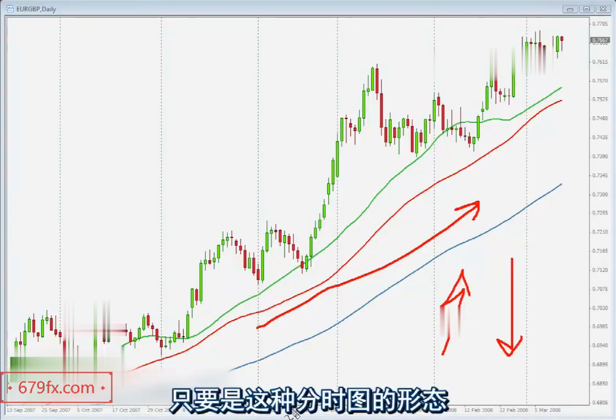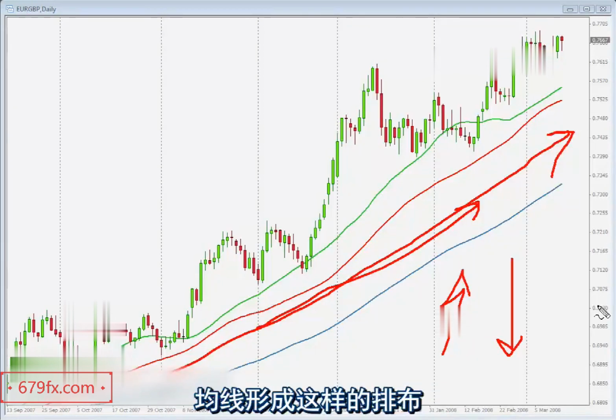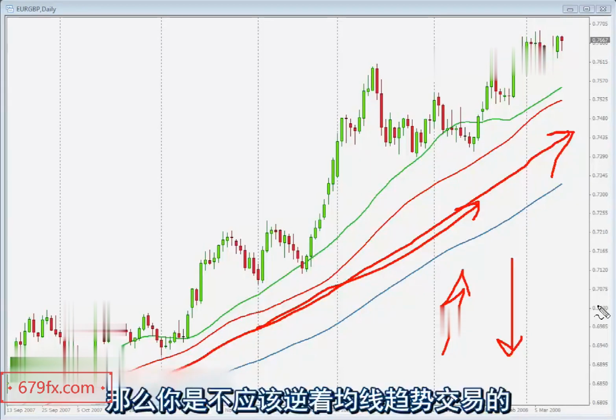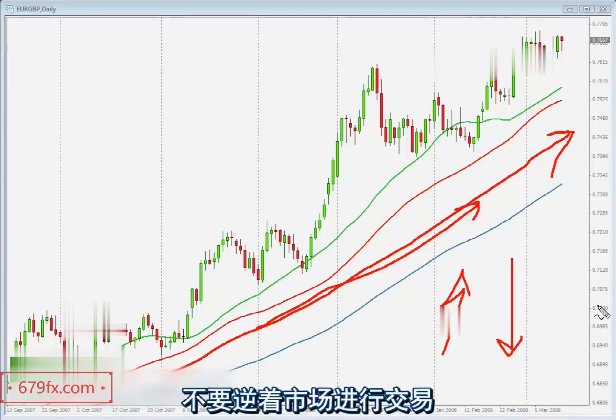When you find this type of trading setup, when the moving averages are plotting on your chart this way, fulfilling those 6 conditions, you don't want to trade against the moving averages. Don't trade against the market flow.